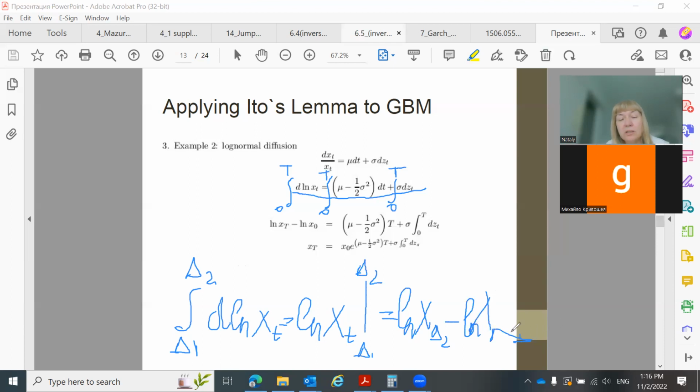So it doesn't matter what these values are: delta 1, delta 2, a, b, 0, t capital, okay?